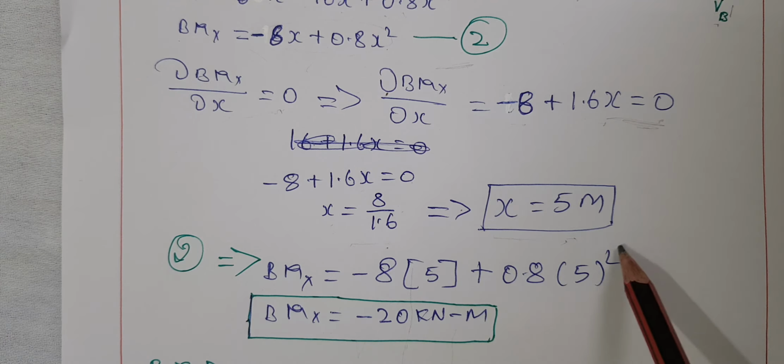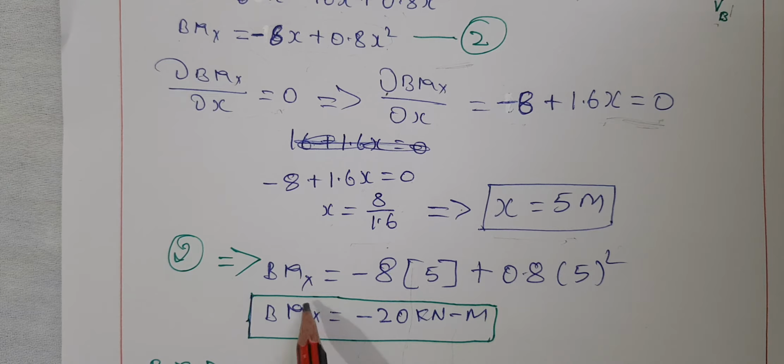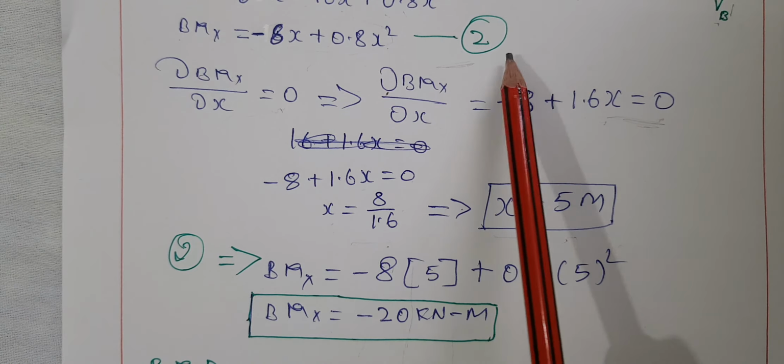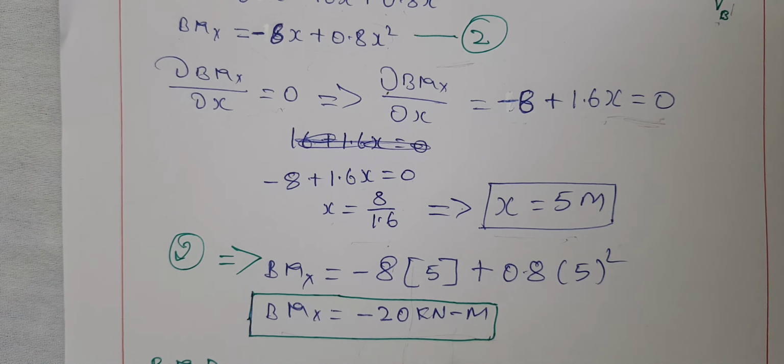That is what we found from this. You substitute the value of X in equation 2, and you come to know the maximum bending moment you have. After finding the bending moment, the next step is to draw the bending moment diagram.